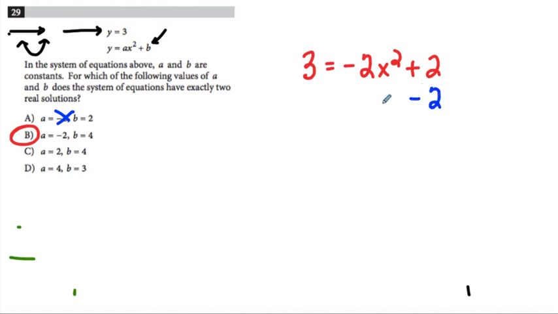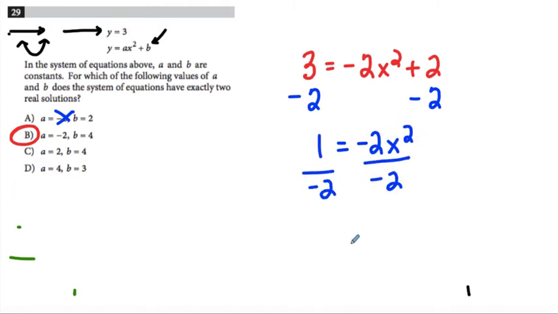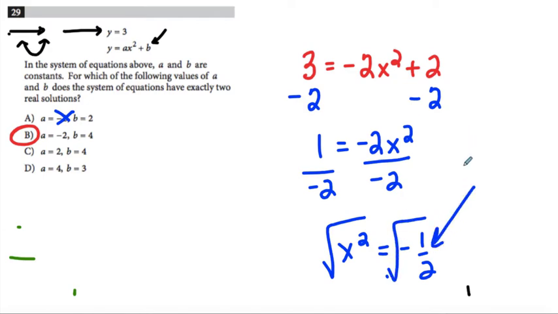So we subtract 2, and we get 1, and it equals negative 2x squared, and then we divide by a negative 2 here. Now when we do that, we get x squared equals negative 1/2. So if I try to take the square root, I'm going to get an imaginary root here. I'm not going to get a real solution, which means that you're not going to have those 2 x-intercepts.